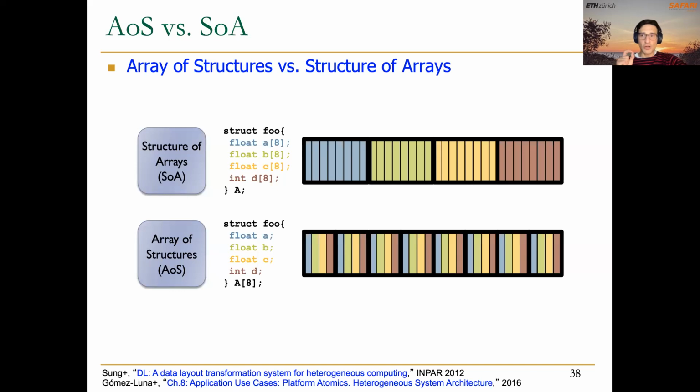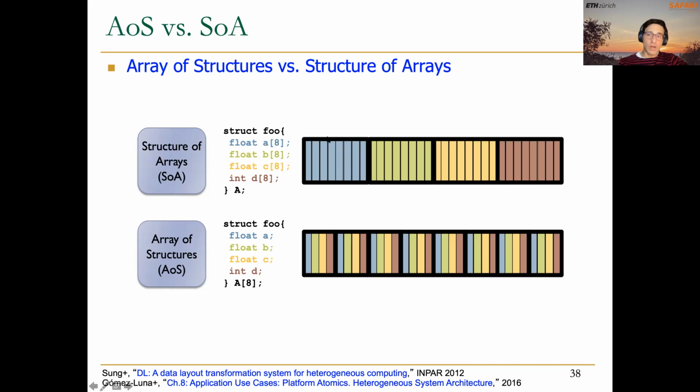These threads first need to access blue elements. Thread 0 will access this element here, thread 1 will access this element here, thread 2 will access this element here. And at some point, they will go to the green values, and then they will go to the yellow values, and so on.